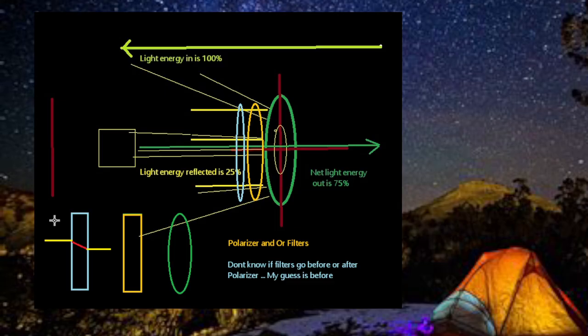So in this particular case, one of the beams, eventually a bunch of these beams are going to get lost down at the bottom. They're not going to go through this next section, this next filter, polarizer, whatever.